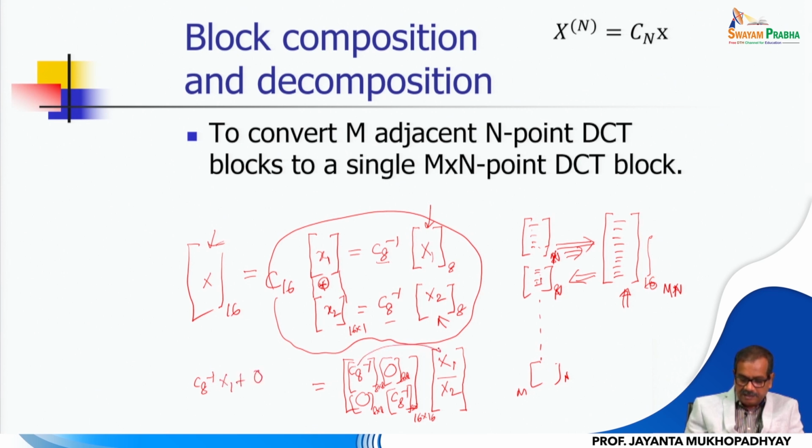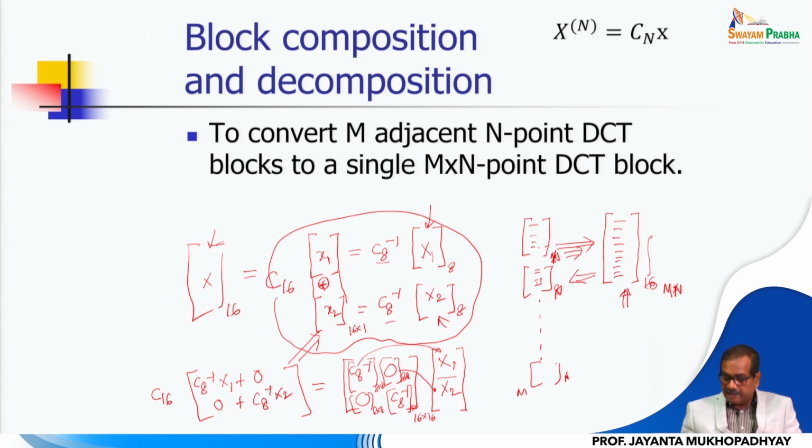That means you multiply this and add them. Similarly, 0 plus C8 inverse X2. That is your result of this matrix. Okay. So what do you get? The stacked result, which is equivalent to this concatenation. Then you perform the forward transform C16.